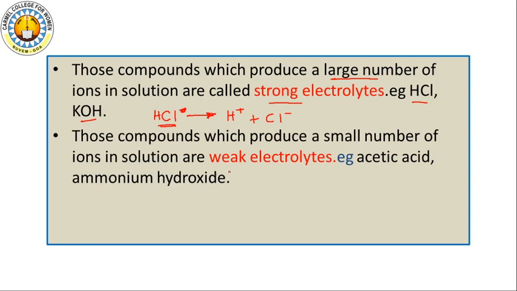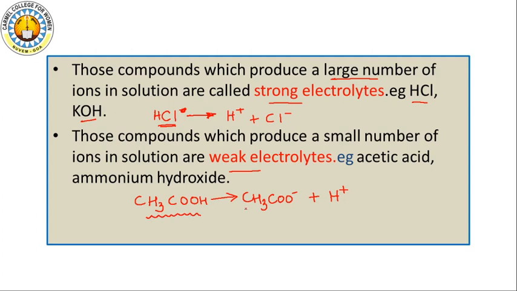Whereas weak electrolytes like acetic acid, CH3COOH, will give you very few CH3COO minus ions, acetate ions, and a few H plus ions. So weak acids, weak bases do not dissociate much. More of it will remain as acetic acid.